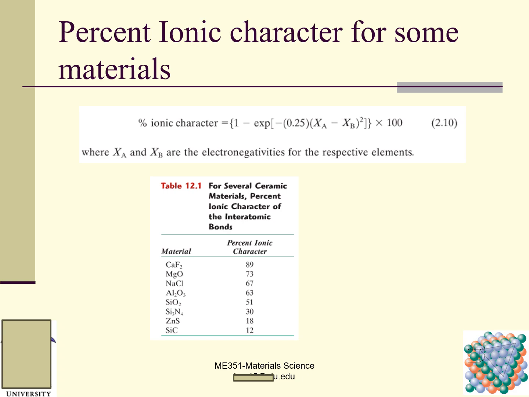This table gives several ceramic materials and the percent ionic character of the interatomic bonds for these given materials. You can see this one is very, very high, about 89, because of the huge difference in electronegativity value between these two elements.